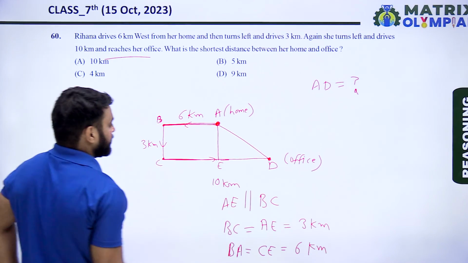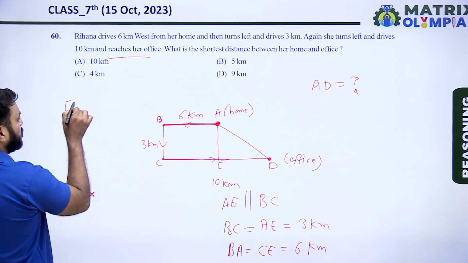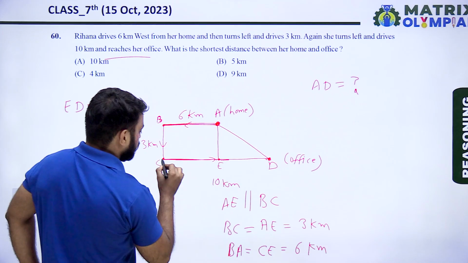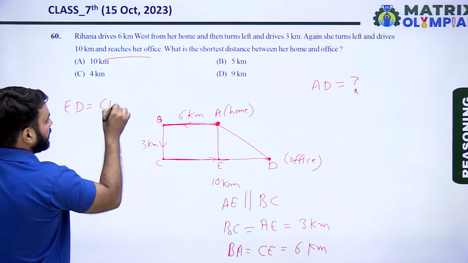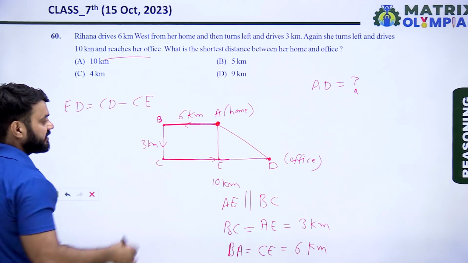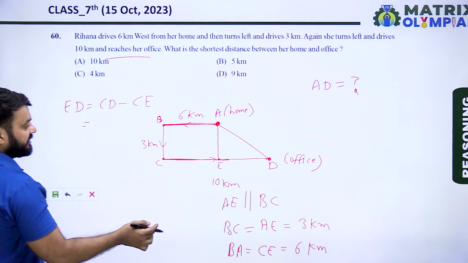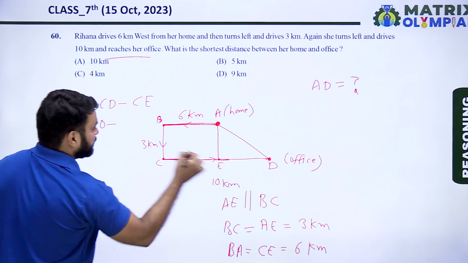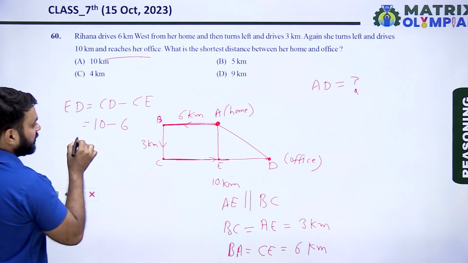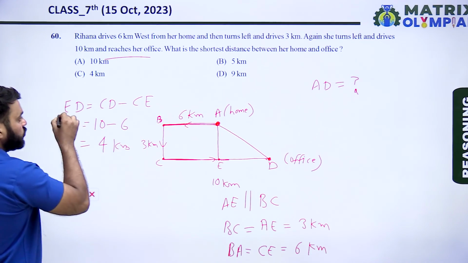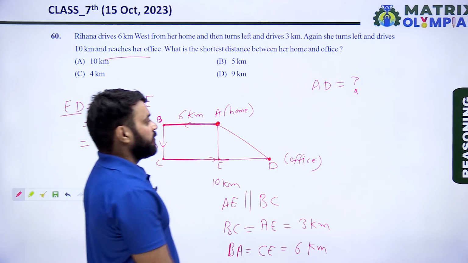Now ED is equal to CD minus CE. CD means 10 minus CE, which is 6. So 10 minus 6 means 4 kilometers. So ED is equal to 4 kilometers.